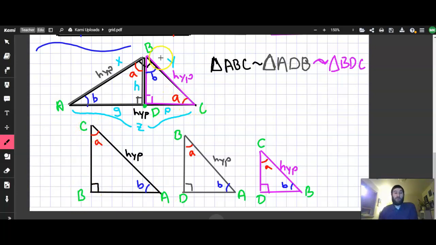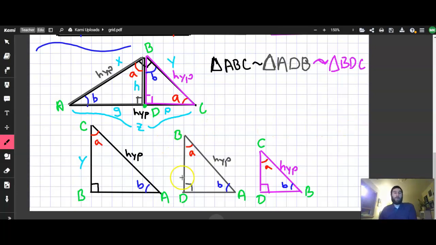Well, there's C, there's B, that's Y. Now that Y is going to match with every other vertical line because that's how our A's and our B's match up. We did that on purpose. And so in our proportions, in our fractions, all those vertical lines are going to be able to be on the top or the bottoms of our fractions. They're all going to be able to match up with one another.